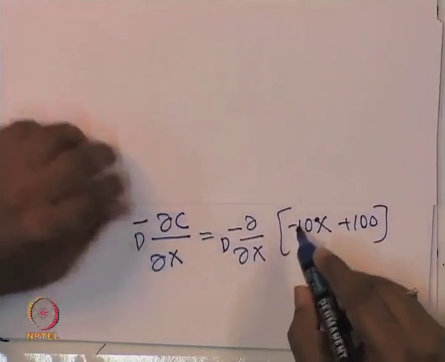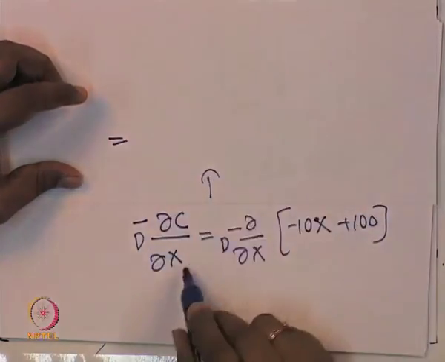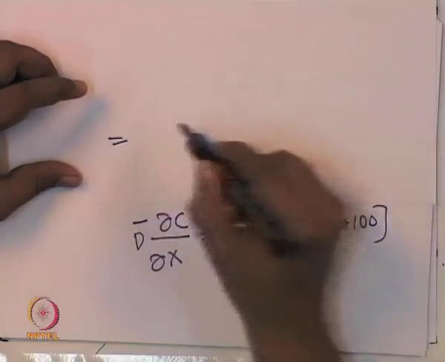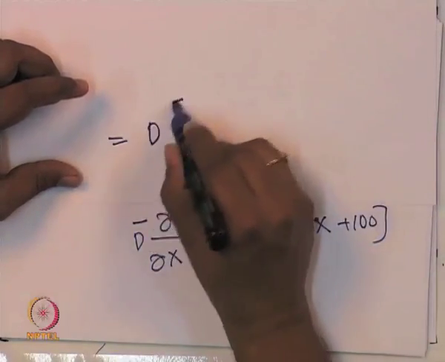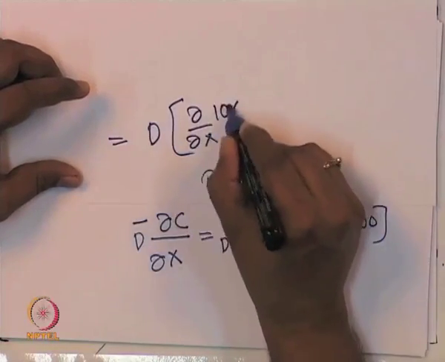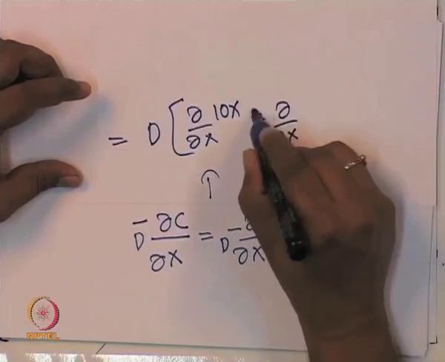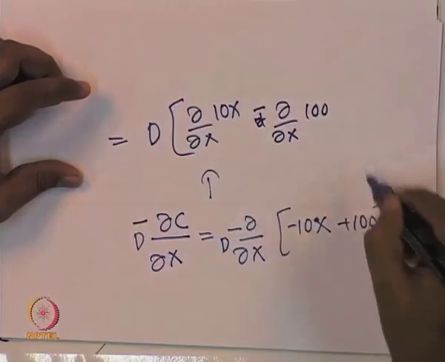So, this is D into del by del x of 10 x, plus del by del x of 100.